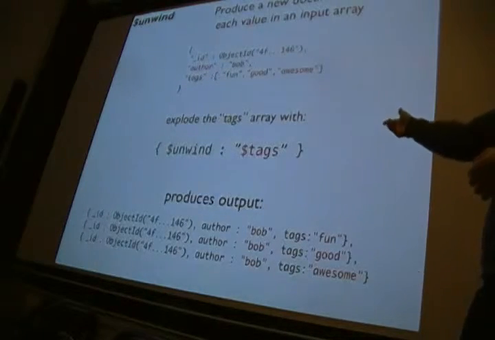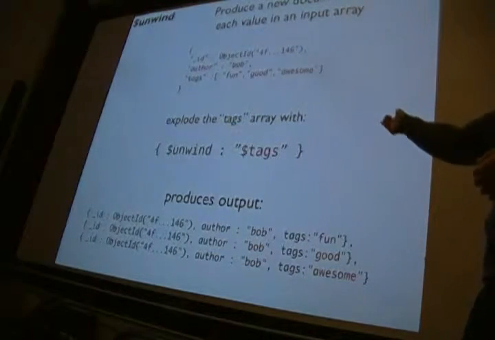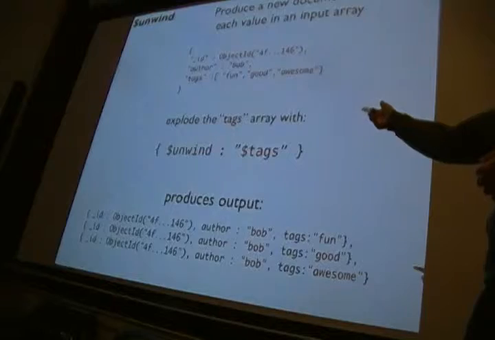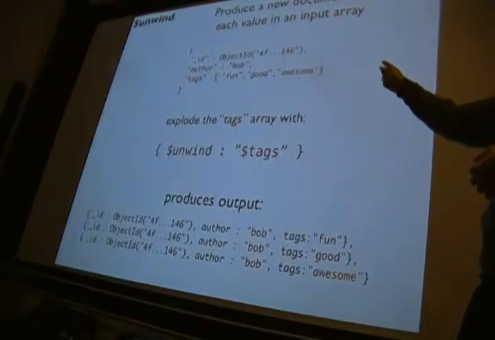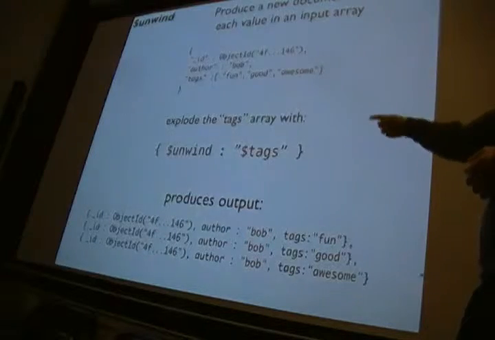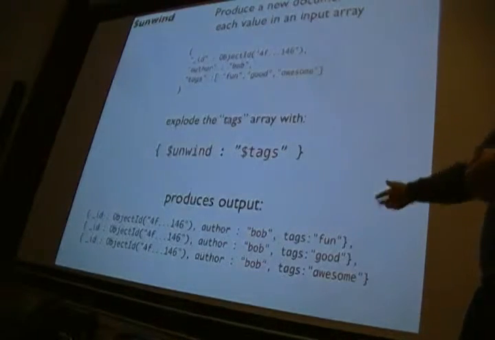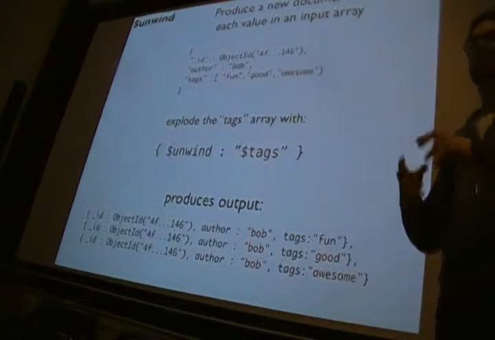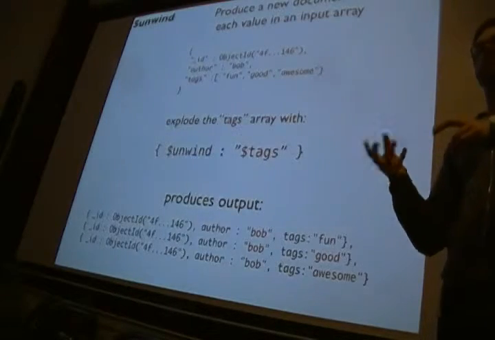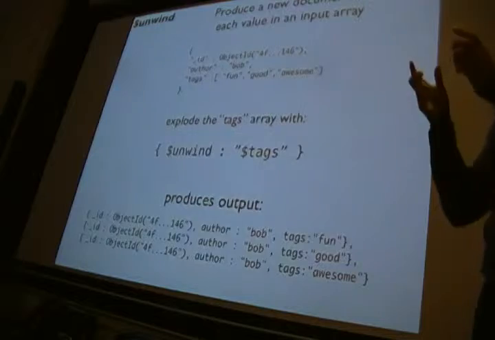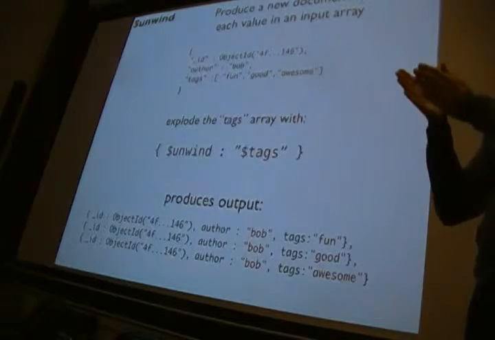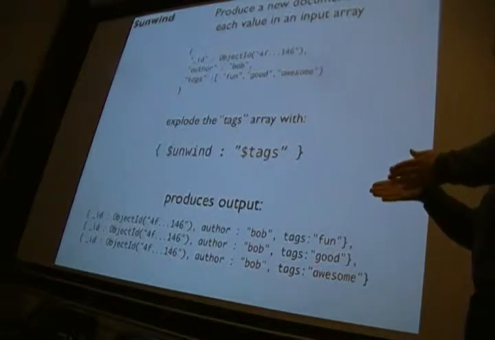So in this case, if I use unwind on the tags field, it would produce one output document for each element in the tags field. It would look something like that. Basically, the output you get is the exact same document as the input, except that the array is replaced with each single value from the array.